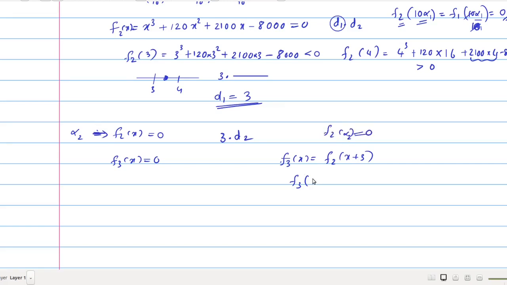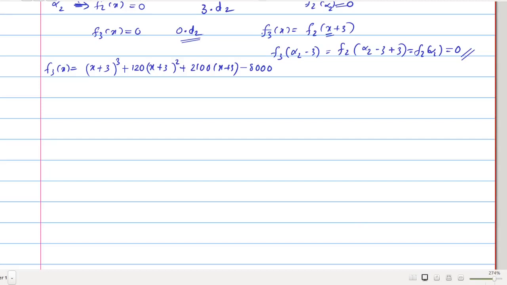Then f3 of alpha 2 minus 3 is f2 of alpha 2 minus 3, where x is replaced by this number, plus 3, that is f2 of alpha 2, which is equal to 0. So alpha 2 is a root of f2, and alpha 2 minus 3 is a root of this equation. Okay, so the root of this equation is 0.d2.